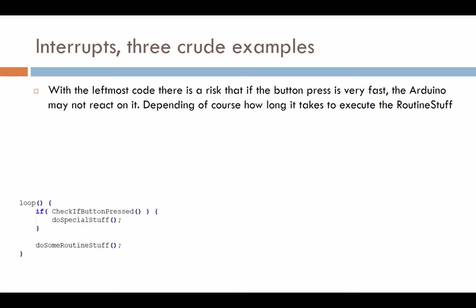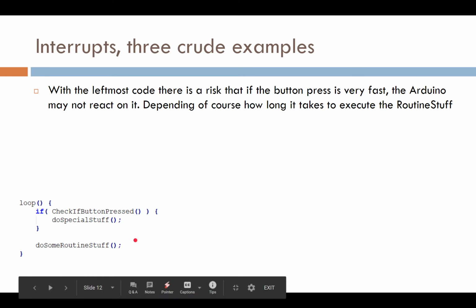Okay. There will be 3 crude examples about interrupts, and actually why to use interrupts. In the first example, we have just a function that checks if the button is pressed and then does some special stuff.